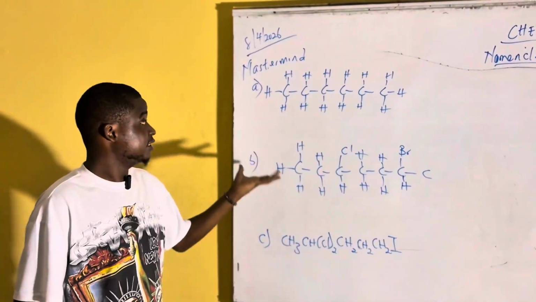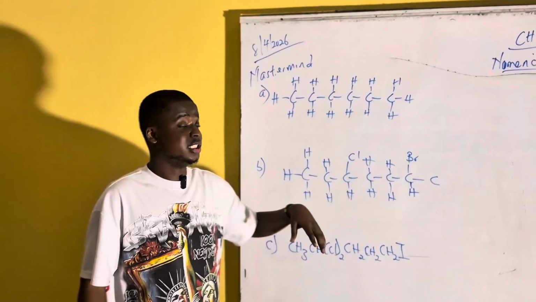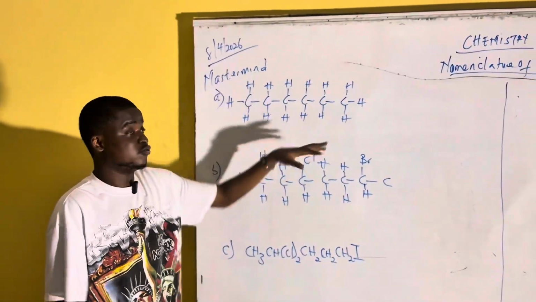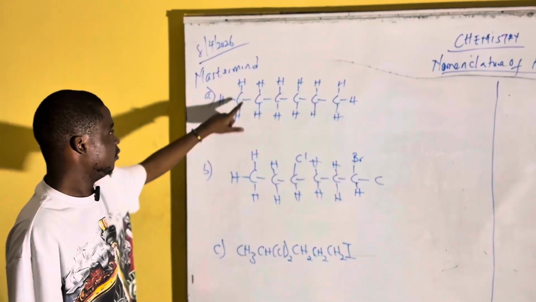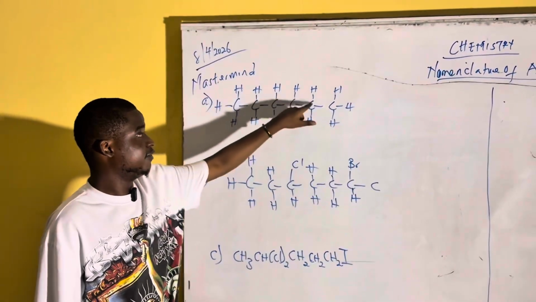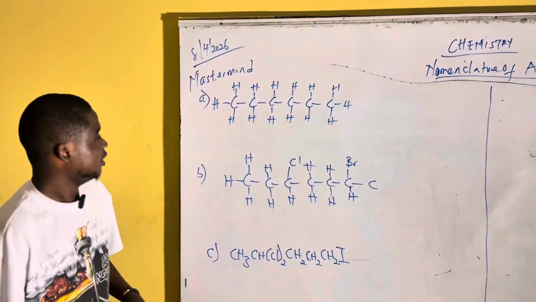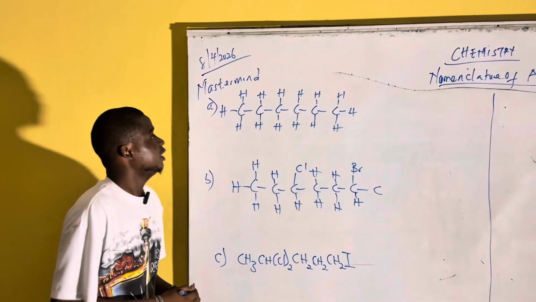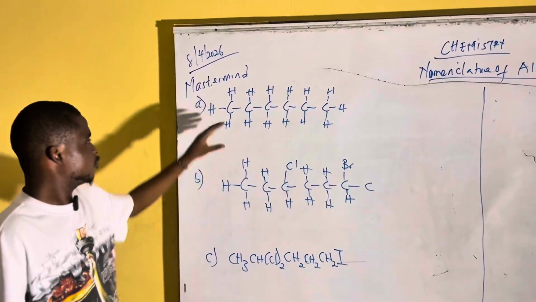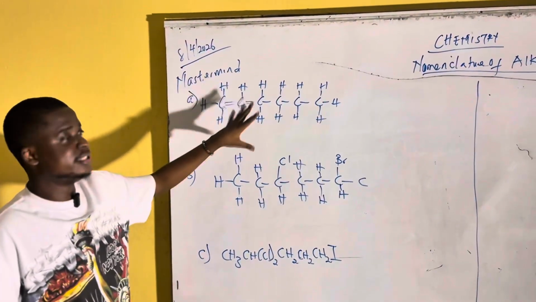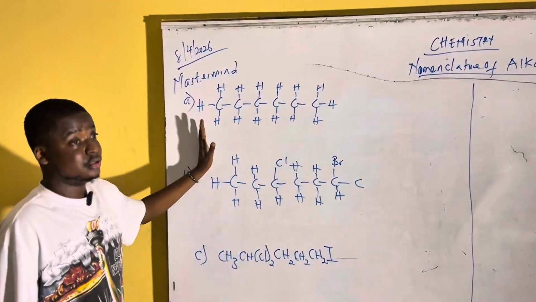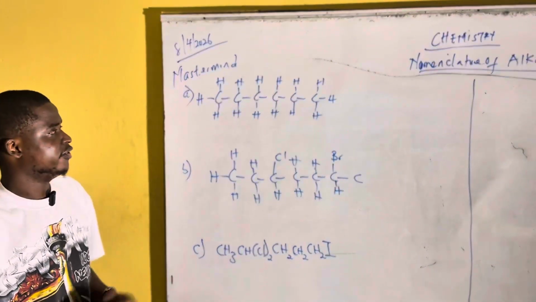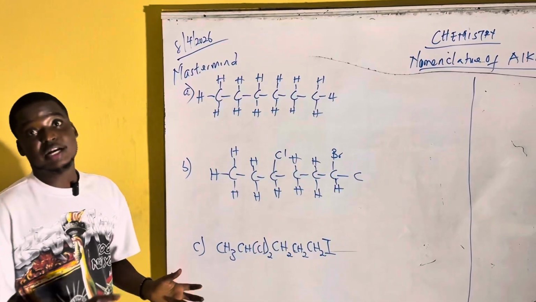As you can see, the longest continuous carbon chain here has how many carbons? Let's count from left to right: 1, 2, 3, 4, 5, 6. We have 6 carbons in this structure. All the atoms here are either carbon or hydrogen, and alkanes are hydrocarbons.